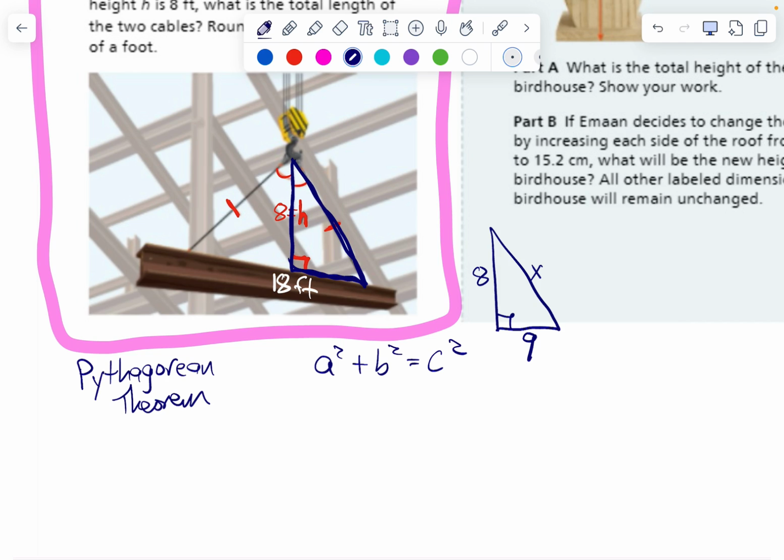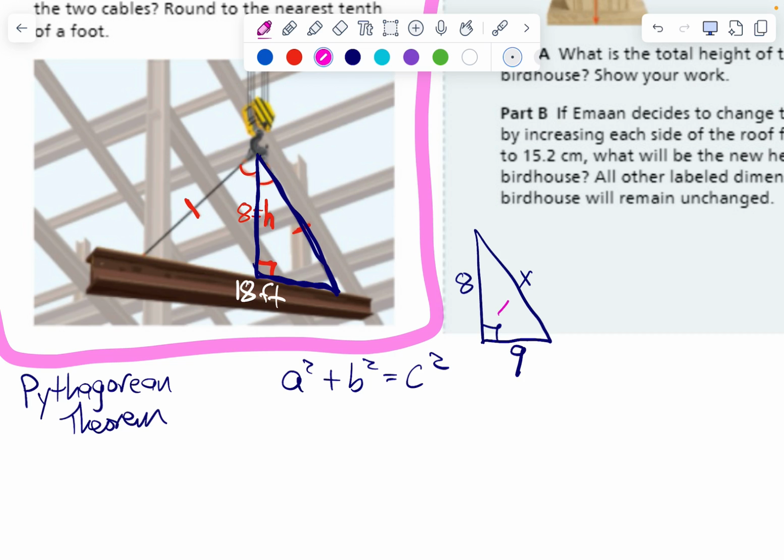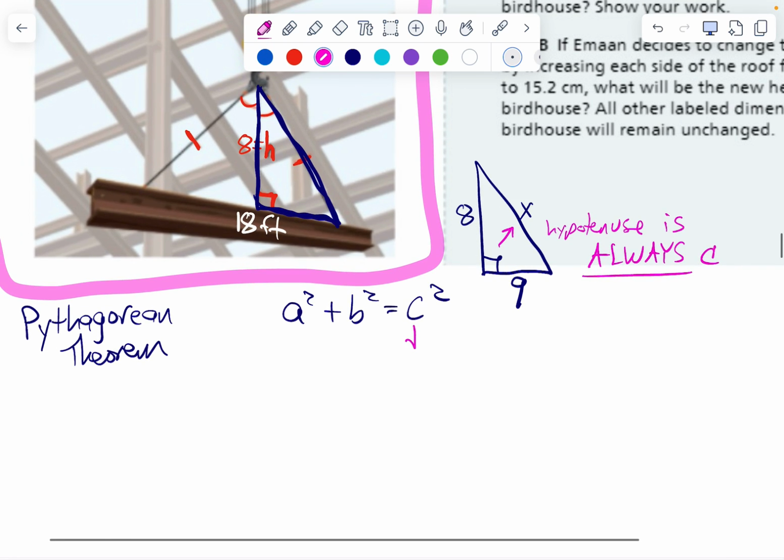So in this unit, we have used that to classify triangles as either acute, obtuse, or right triangles. So maybe we need to go back and review that. But which side has to be plugged in correctly? Yeah, the longest side, which is always the side that's opposite of the 90. So that's called the hypotenuse. Anyway, what letter does it always have to be? Yeah. So the hypotenuse is always C. The other two can be plugged in either order.